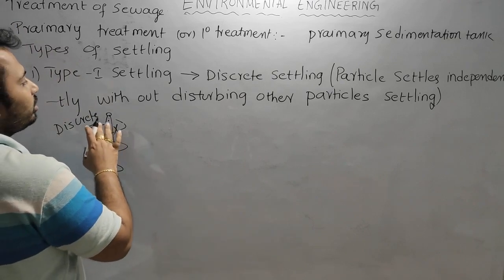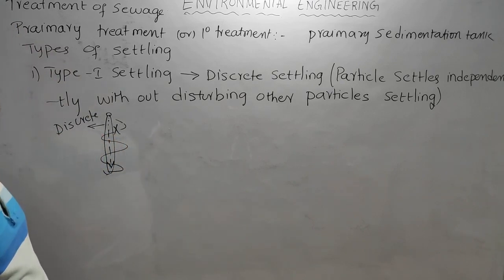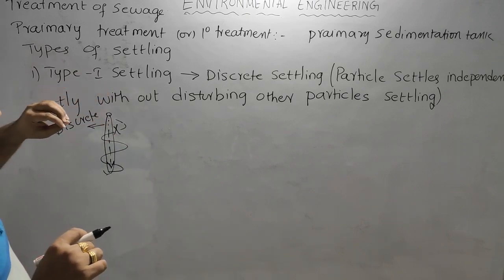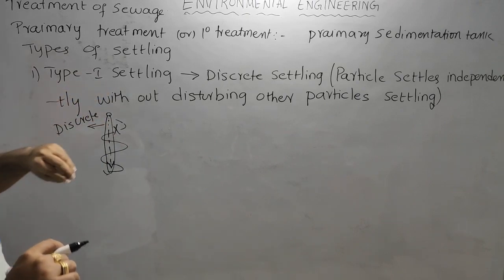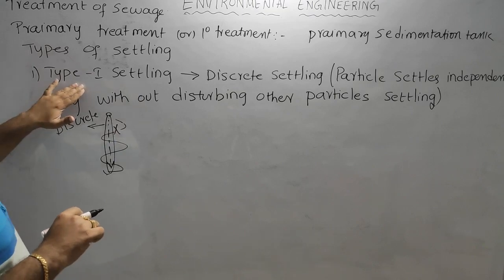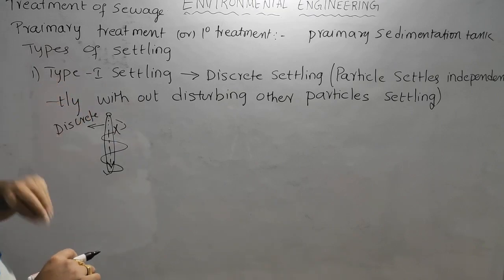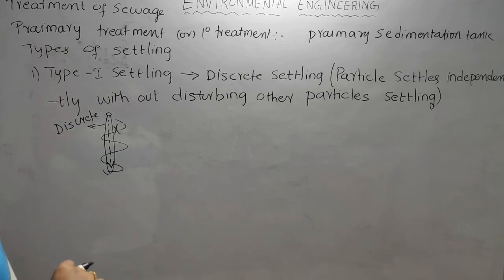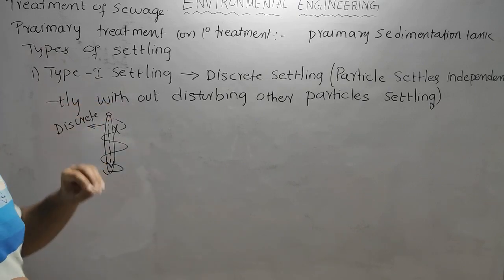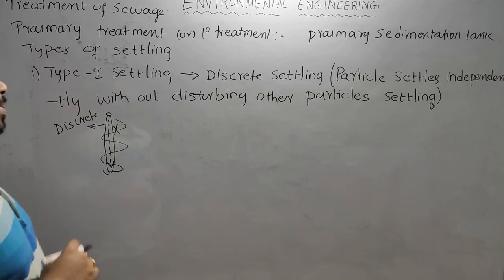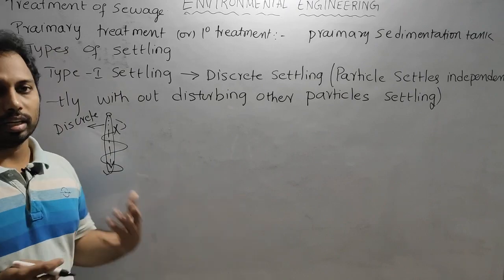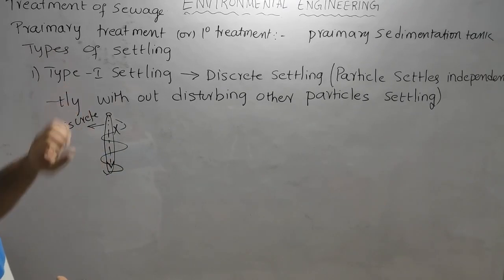Generally, whatever the sedimentation tank, the type of settling depends on the particle dimension. It depends on the particle property. When the size of the particle is larger, in that case we observe type 1 settling.